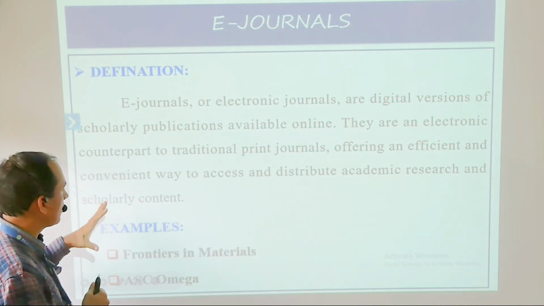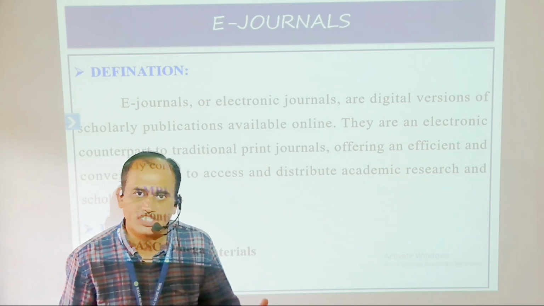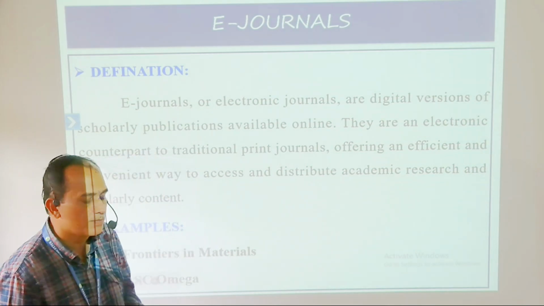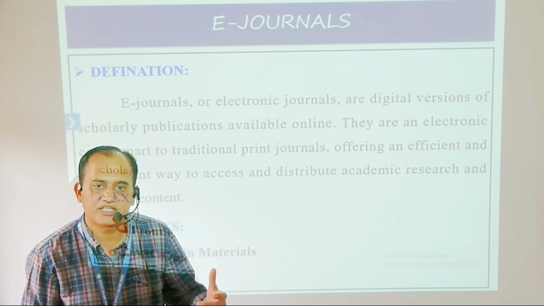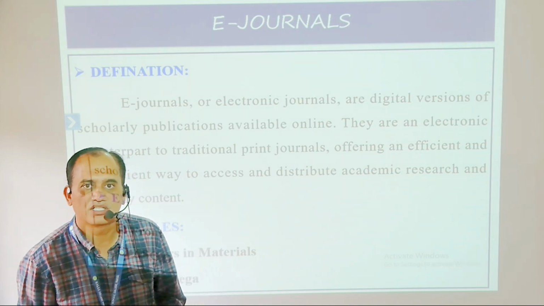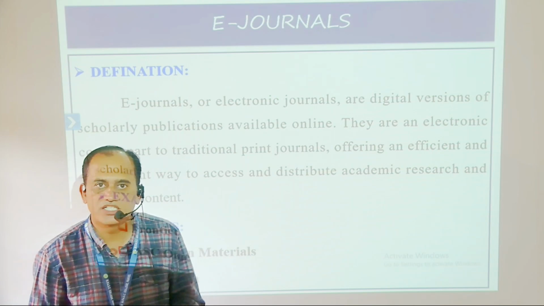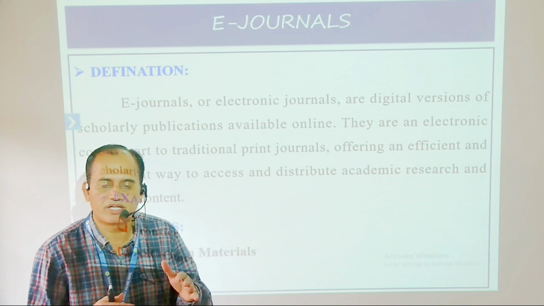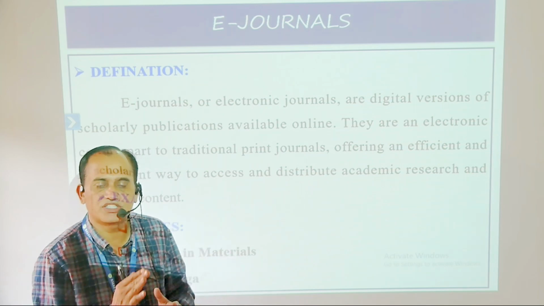So these are examples of e-journals. I have put two journals, Frontiers Material and ACS Omega. Frontiers Material is also an open access journal. The American Chemical Society's ACS Omega is also an open access journal, where you will get full access to the research articles.